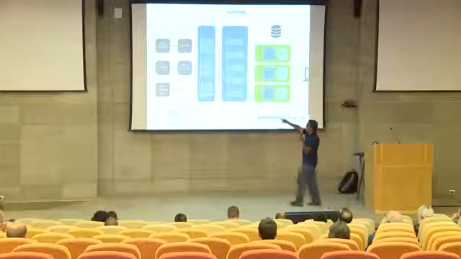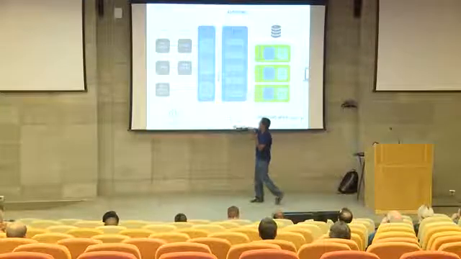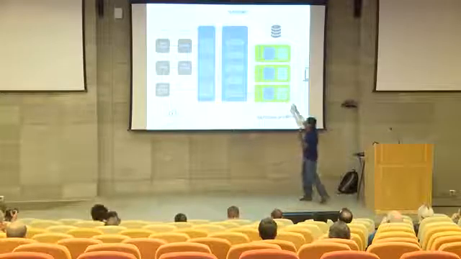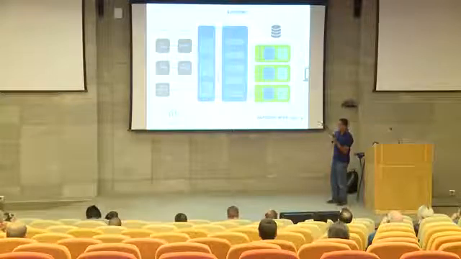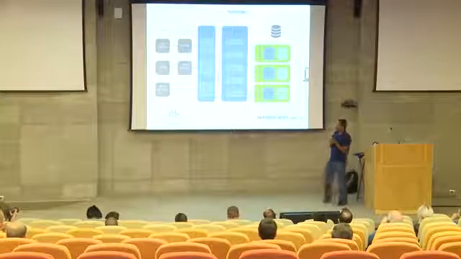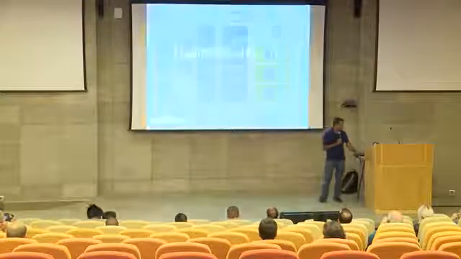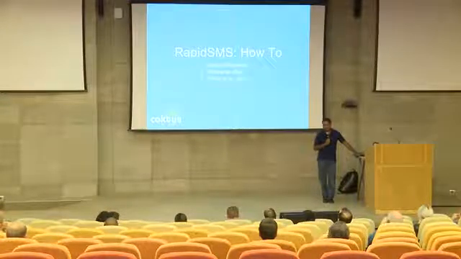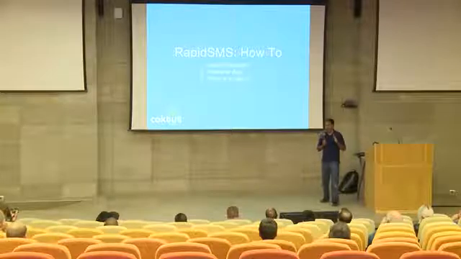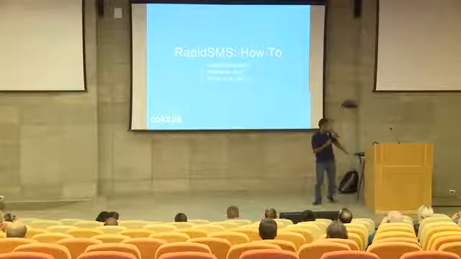The two important pieces are this thing, which is called a backend, and this thing, which is called an application. If you have those two things, the rest of it kind of falls into place, and there are sane defaults for everything else. But you basically have to find some way to set up a backend and then create an application, and that's it. That's all you need to do to install RapidSMS and get it working.